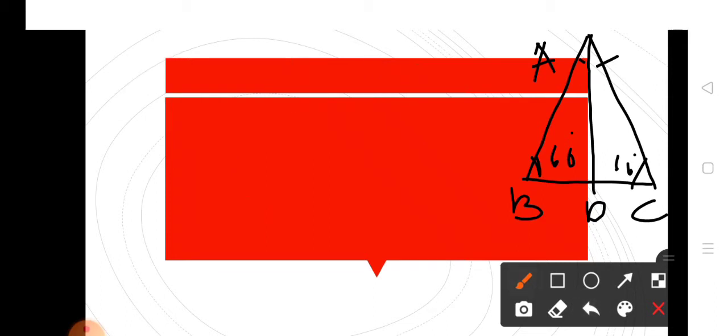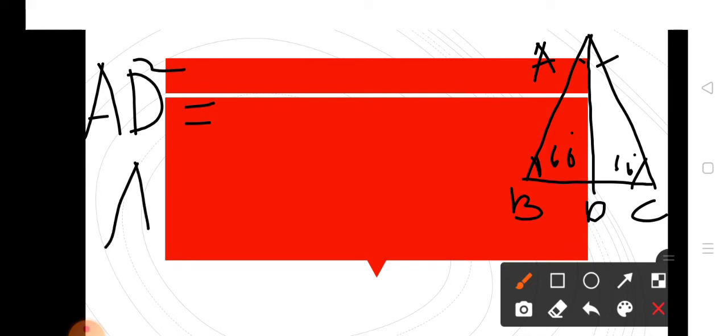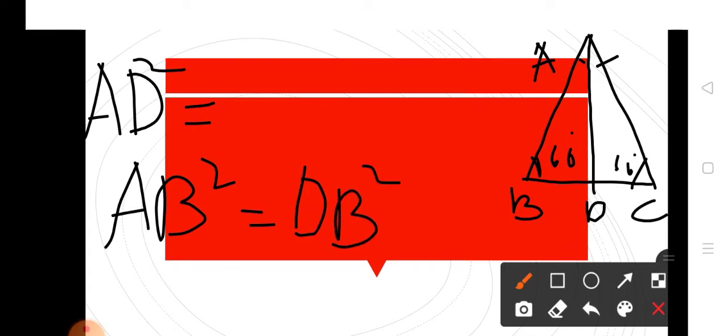AD को square will be equal to... Pythagoras theorem. I'm directly doing it, you might get confused. Let me do it fully: AB square equal to, Pythagoras theorem ABD मा लाउँदाखेरि, DB square plus DA square.